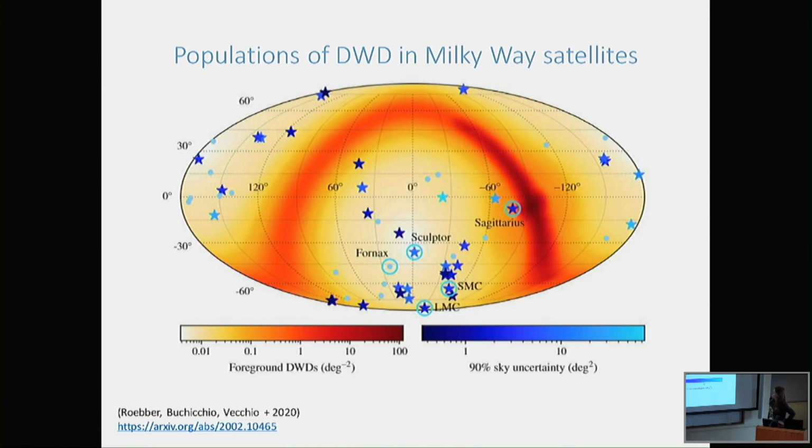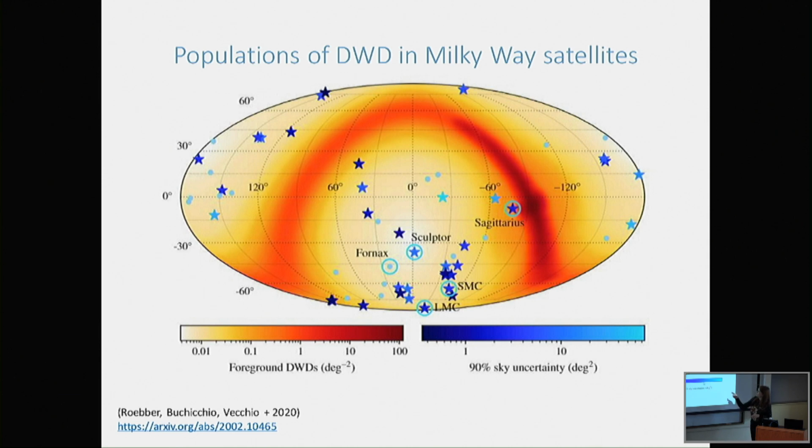And here I'm showing you a different work from the Birmingham group, where we explore whether we can actually distinguish these overdensities and say that those are our satellite galaxies. So in red, you see the density of the foreground double white dwarfs.